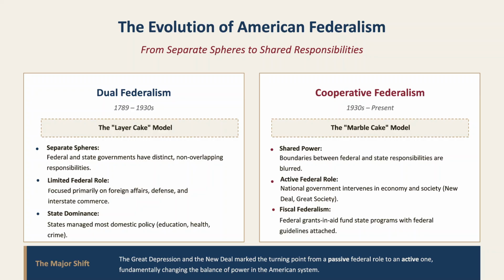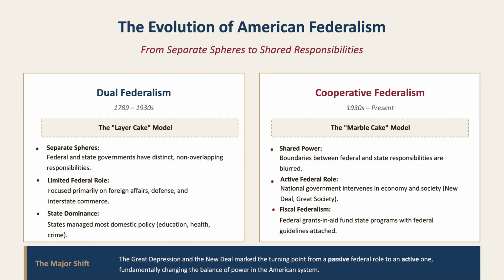Now, the relationship between the federal government and the states has also evolved. Okay, for the first 150 years, it was dual federalism, kind of a layer cake federalism. The national and state governments had clearly defined separate spheres of power.